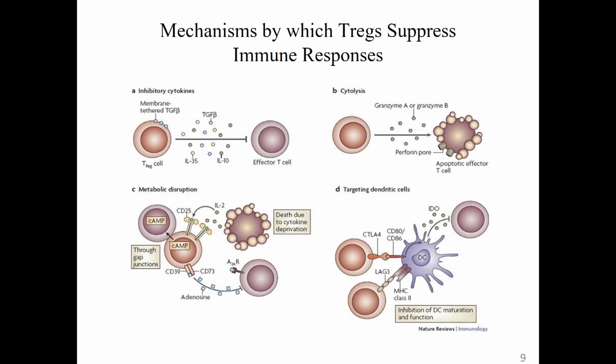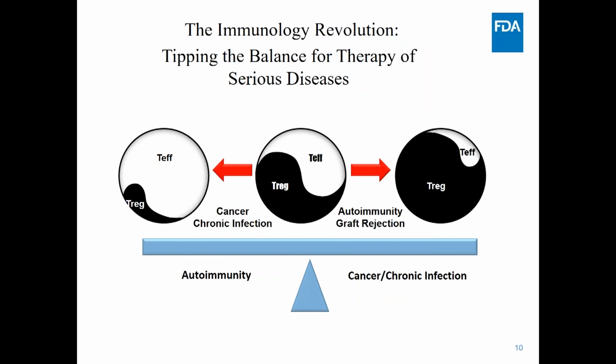I think this has been well explored in a number of circumstances: secreting inhibitory cytokines, metabolic disruption, Tregs express high levels of the IL-2 alpha receptor and so sop up IL-2, depriving other T cells of the necessary growth factors for expansion, targeting dendritic cells and turning them into tolerogenic dendritic cells, and lastly, perforin-mediated cytolysis.